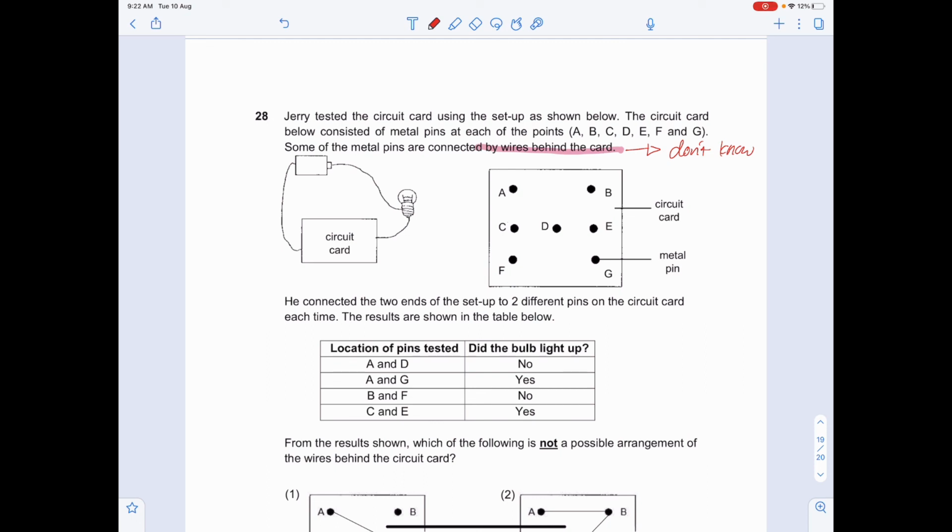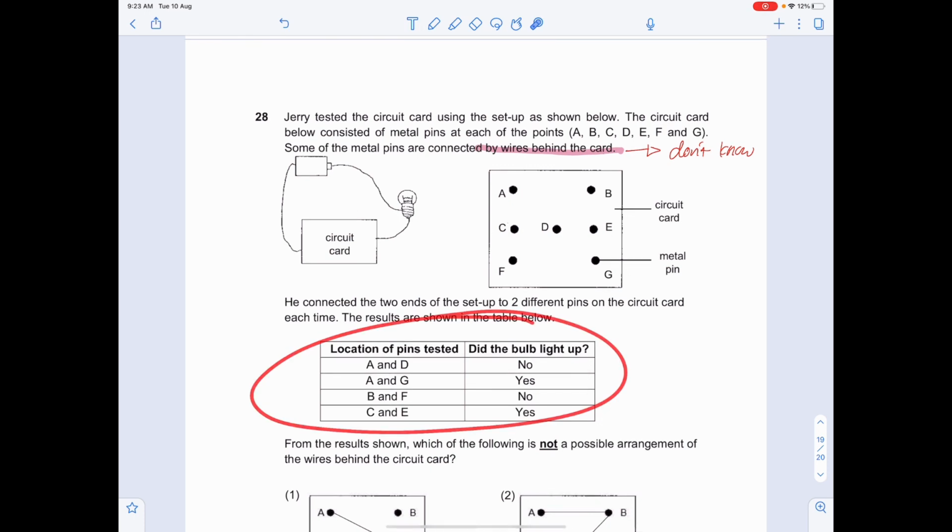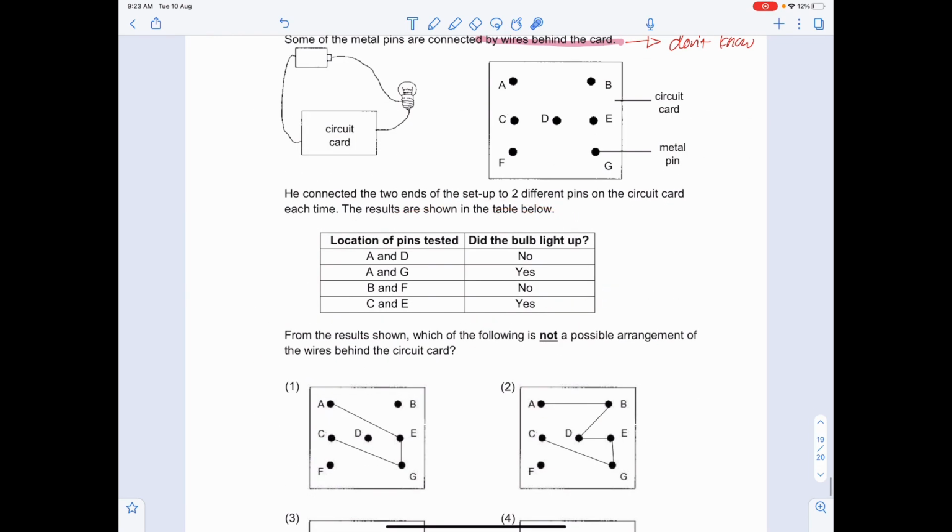So what you would see are these pins. You have to figure out how the wire is connected at the back, such that when I connect my bulbs, it will actually light up according to your table. He connected the two ends of the setup to two different pins on the circuit card. The results are shown in the table below.